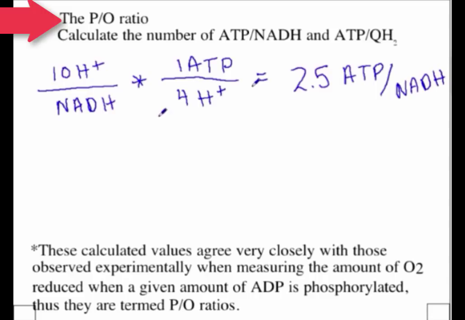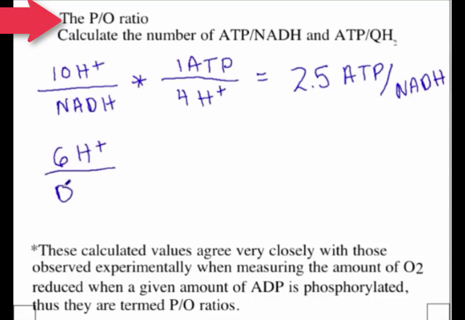Now you see where we got it. 10 protons pumped for every pair of electrons that is donated by NADH. It takes 4 protons to make an ATP. So we end up with 2.5 ATPs per NADH, aka the P to O ratio for NADH. Okay? And then now we can do the same thing for QH2. Remember, it enters later, so only 6 protons are pumped in complexes 3 and 4.